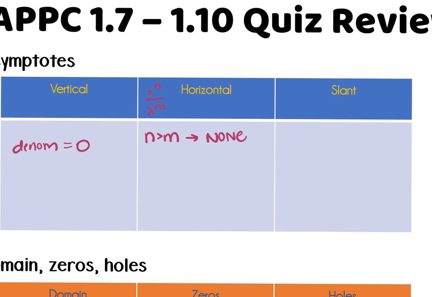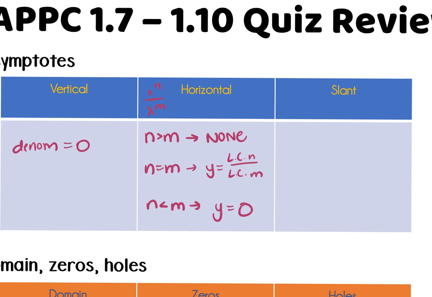If the exponent in the top is bigger than the exponent in the bottom, there's no horizontal asymptote. If they're equal, y equals the leading coefficient of the numerator over the leading coefficient of the denominator. And if n is less than m, y equals 0.